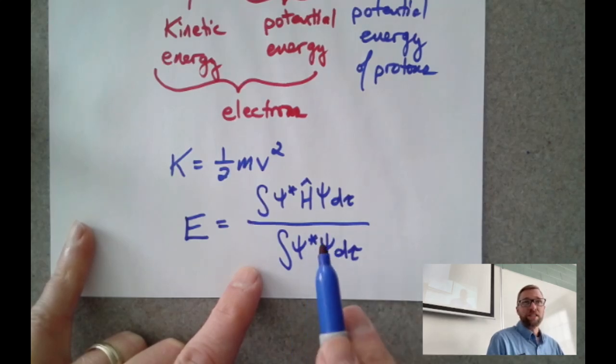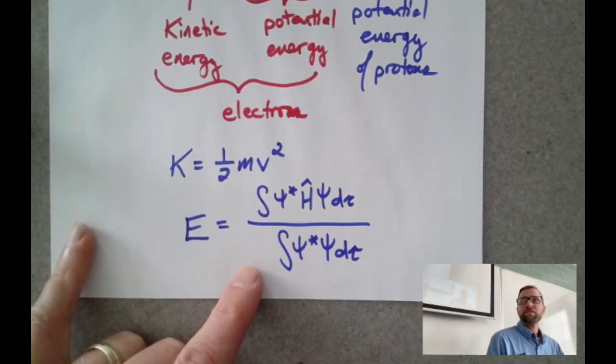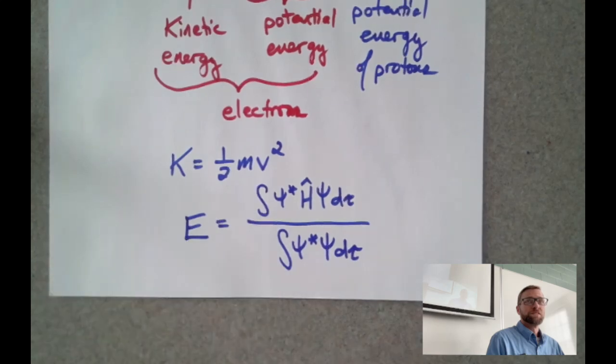Let's take a look at this problem if we have a normalized wave function that's an exact solution to Schrödinger's equation. Do you know what to do?